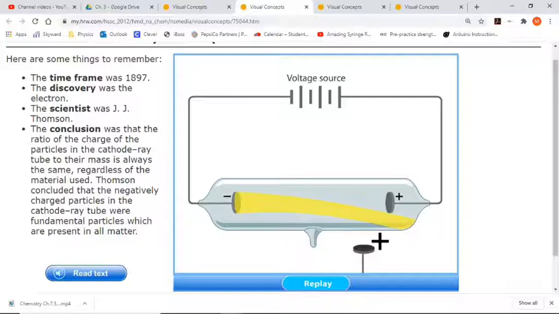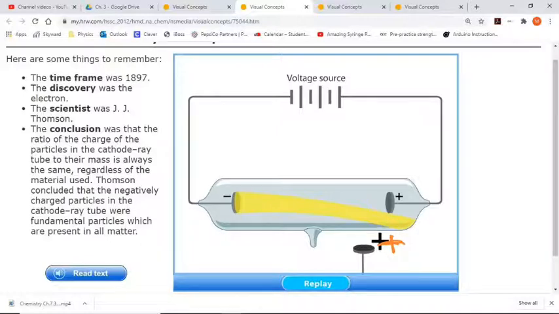So in this case right here, when they put a magnet up from the bottom, that's the magnet right here that has this positive charge. Notice when they put the magnet up, the ray, which normally would have just come out, that's that yellow beam of what looks like light going from the cathode to the anode, it deflects.